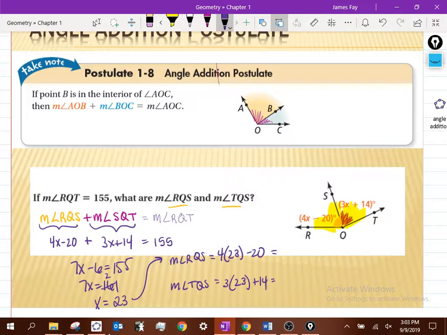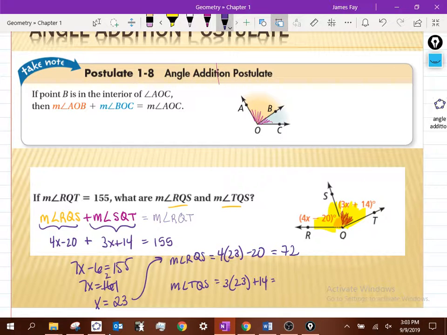When you evaluate those, what's 4 times 23? It's 92, right? 92 minus 20 is 72.